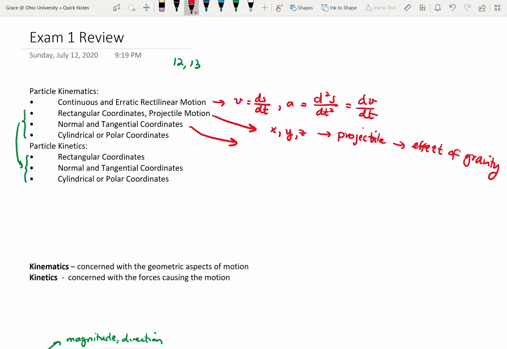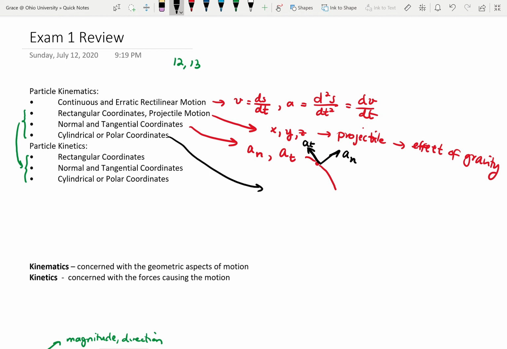So you're dealing with your acceleration or velocity with respect to your normal direction and then also your tangential. And remember, tangent just means in the same direction. So if you have a particle moving around a path, you have tangential, which means you're going tangent to the curve, right? And then normal, which means you're going 90 degrees to the curve. And then finally, cylindrical coordinates, which I just talked about.